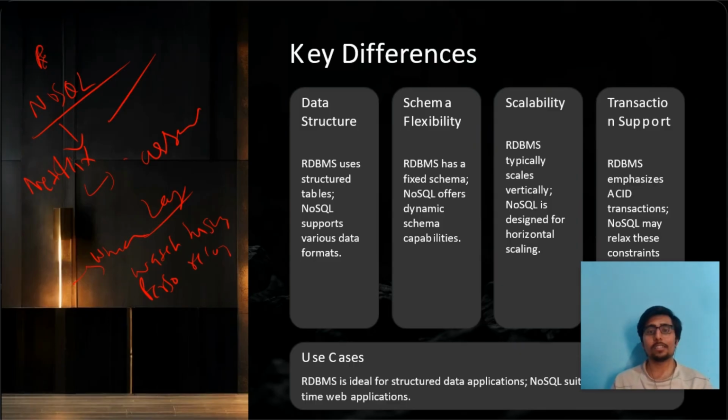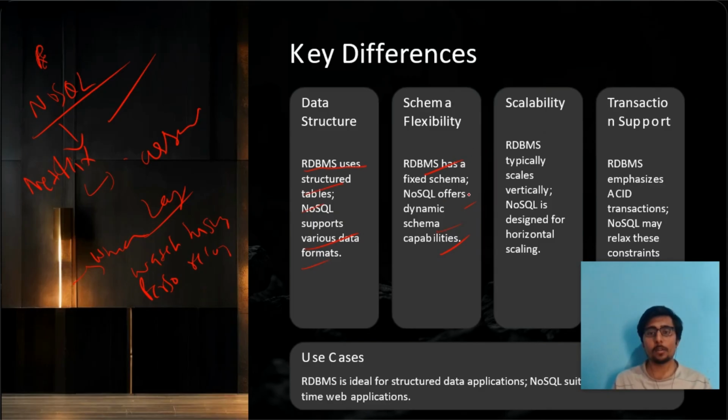So now let's quickly find the differences. As you can see on your screen, there are differences between RDBMS and NoSQL DBMS. On data structure, RDBMS uses structured tables, but NoSQL supports various data formats. On schema flexibility, as I told, RDBMS has a fixed schema. It's not dynamic, it is already fixed, though you can change it with time and with your requirements.